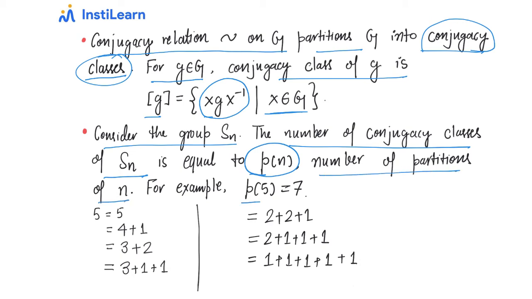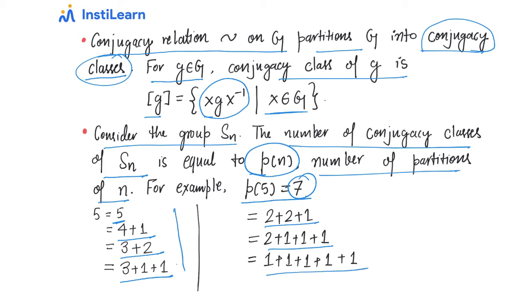For example, if you are looking at S5, then the number of conjugacy classes will be 7, because the partition number of 5 is 7. You can partition 5 into positive integers in 7 ways. So 5 can be written as 5, or 4 plus 1, 3 plus 2, 3 plus 1 plus 1, 2 plus 2 plus 1, 2 plus 1 plus 1 plus 1, and then adding 1 five times.